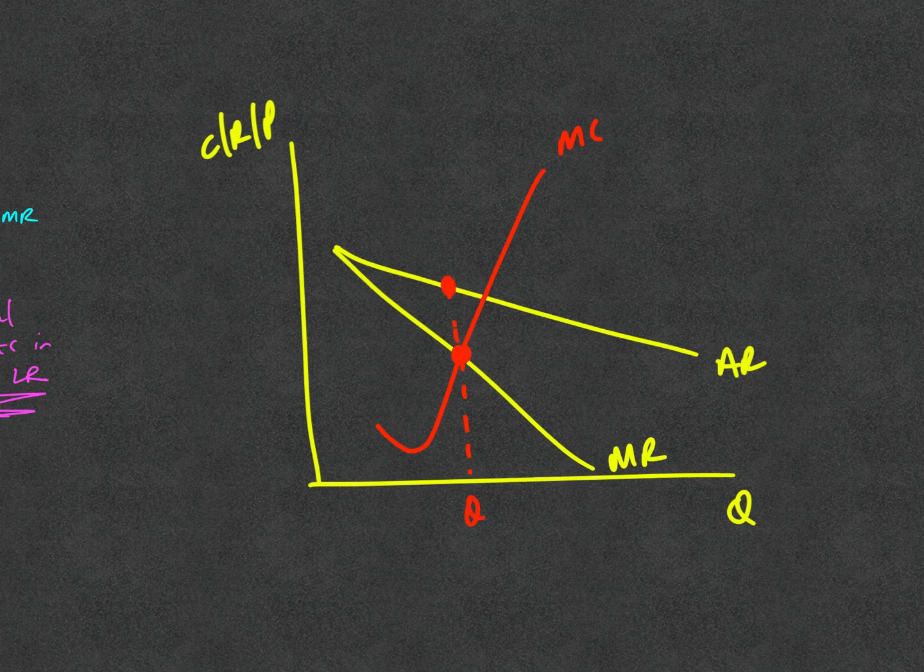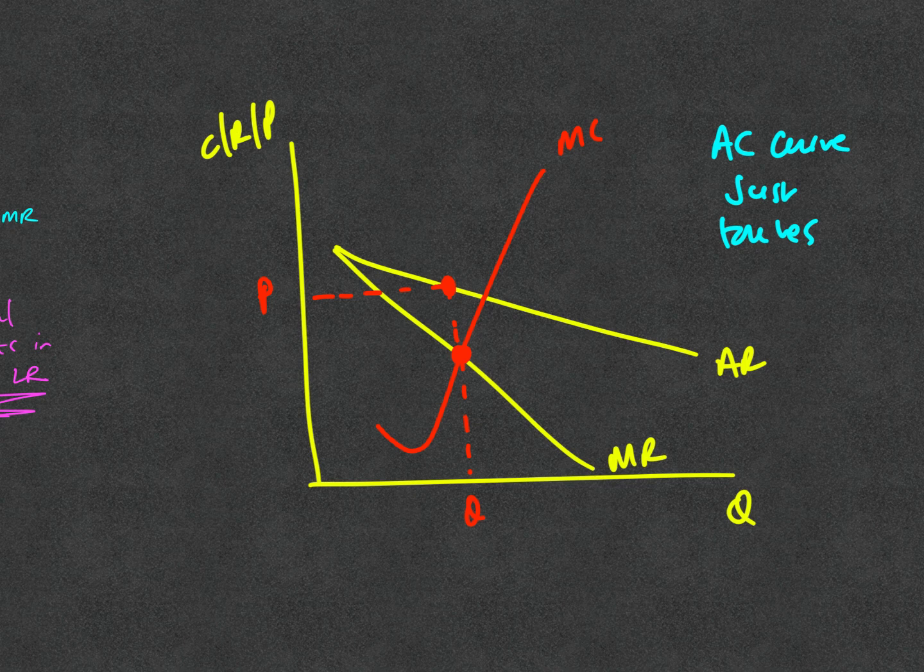Now P, where I've highlighted in red, there's two things I need to make sure happen now. I need to make sure that my AC curve just touches that red point there.